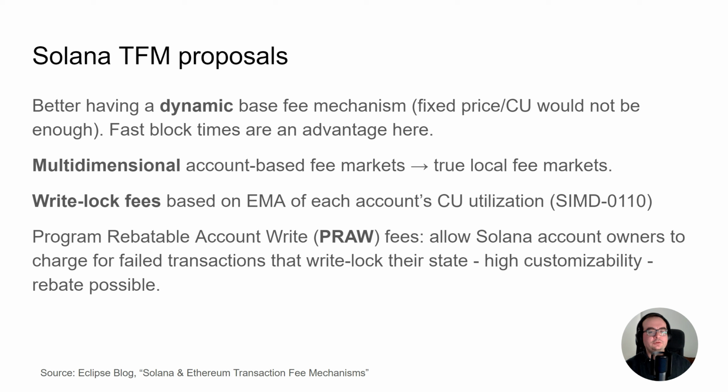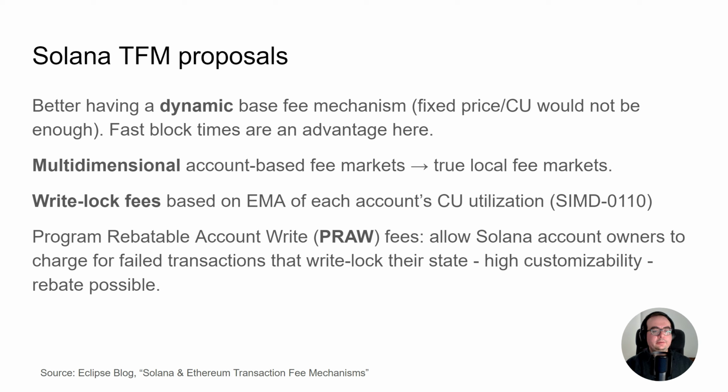But to have true local fee markets, you want to have more dimensions on the fees, and ideally have different levels of fees for different accounts. So every account will have its own fee market. And basically applications that are more in demand will become automatically more expensive without raising the prices for the other applications.